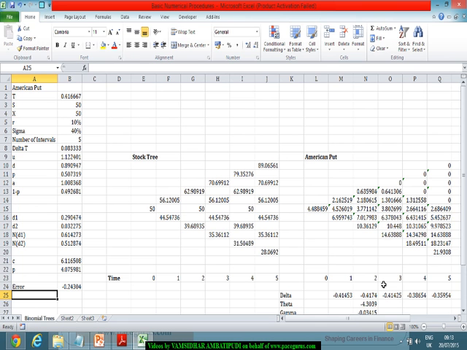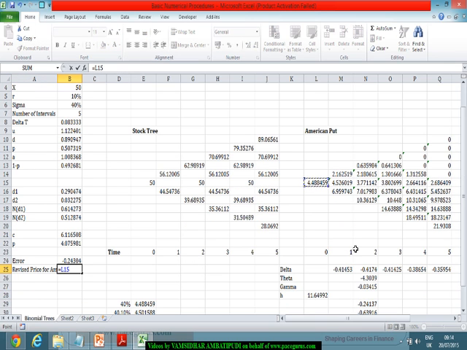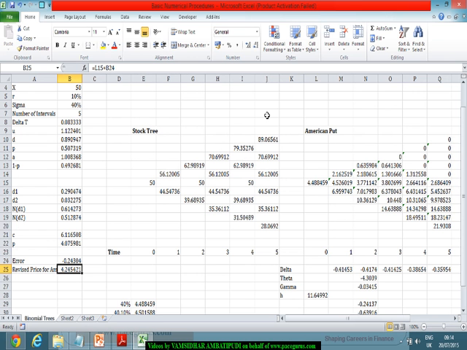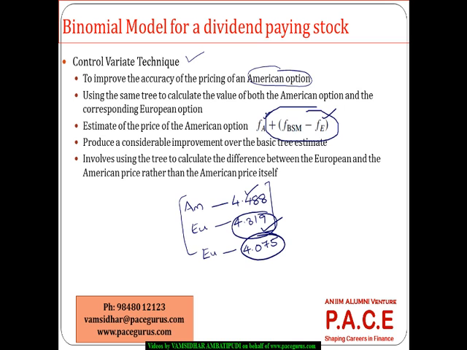Now what we say is the revised price for the American, that error I'm going to build it in. So 4.48, I add up this error and say that the revised price for this American option is around 4.245. This is what we are calling the control variate technique.